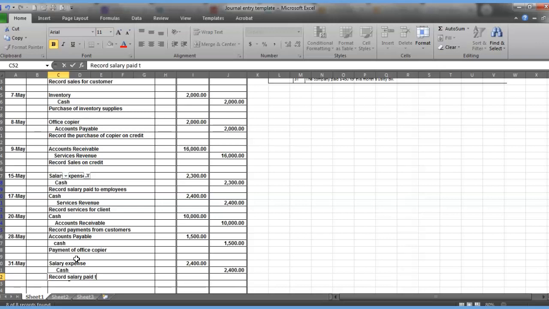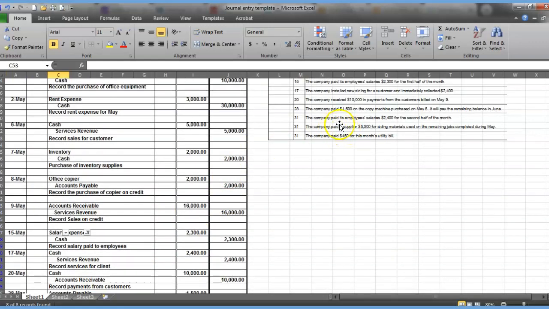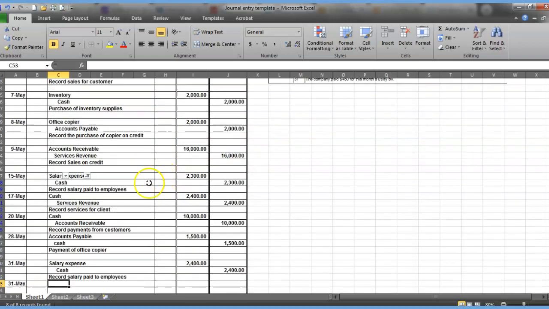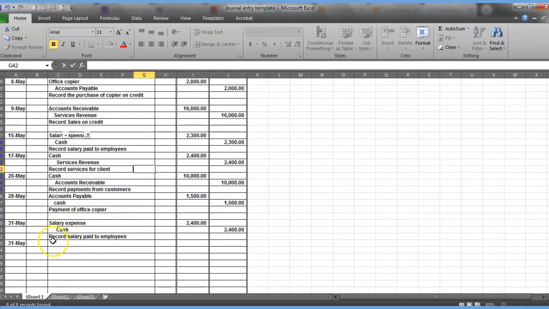We have another entry that we want to record on the 31st. And that entry is paid the supplier $5,300 for siding materials on the remaining jobs. So we're going to record inventory. I'm going to have a little bit more space because it's just easy to see.